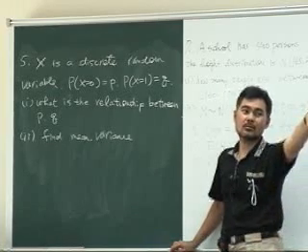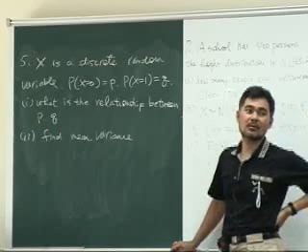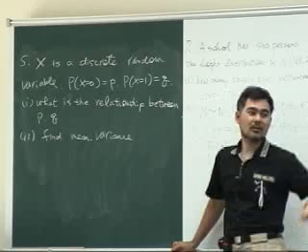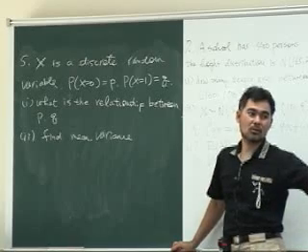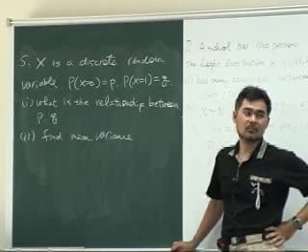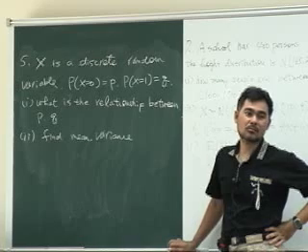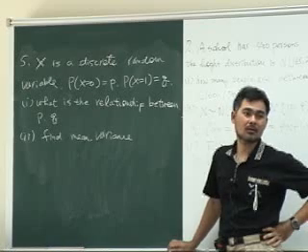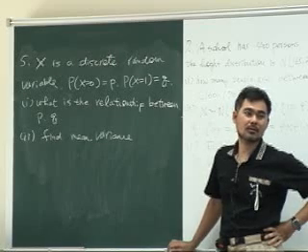The lady there, the girl in brown coat, the relationship between P and Q. This is about the properties of probability, right?